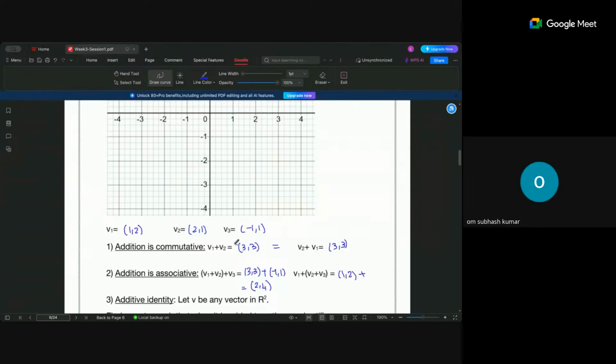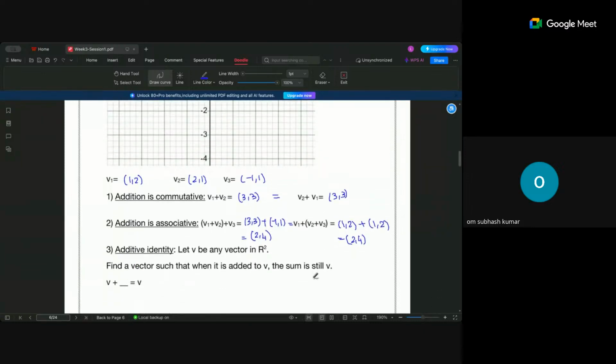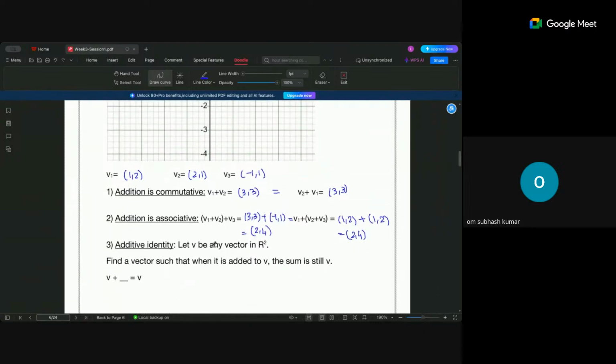What is V2 plus V3? 1 comma 2. Now the sum is still 2 comma 4, right? So if we change the brackets also, and the values still remain the same, then we say that addition is associative.